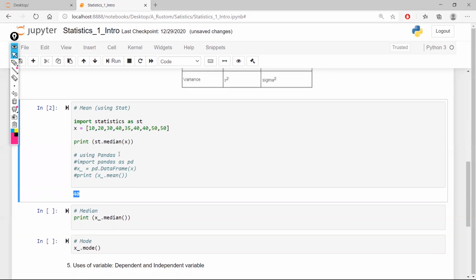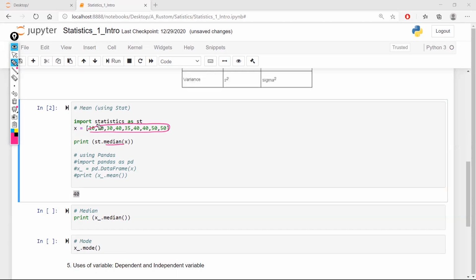Whenever it finds the median, one thing to note is that it sorts all this data in ascending order, and the center number is going to be the median. If there are two center numbers, it takes an average, as I explained. So that is the median.